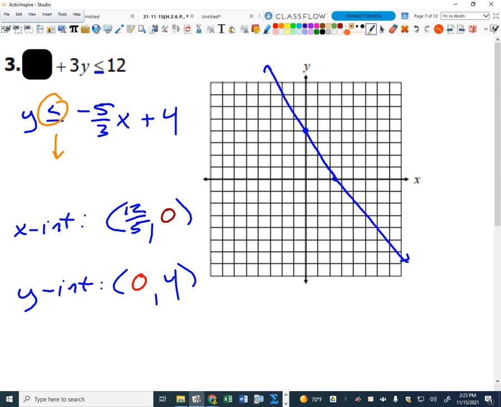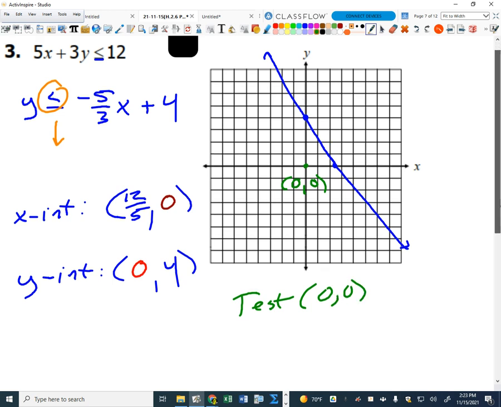And now, which side to shade? Above or below? Okay, this time we didn't put it into slope-intercept form, right? So we could just test a point. That's one thing we could always do. Let's pick the easiest one we can that's not on the boundary line. Well, that would be the point 0, 0, wouldn't it? Plugging 0 in makes things really simple. So if we test 0, 0, what's the outcome?